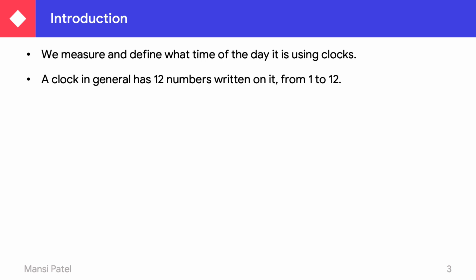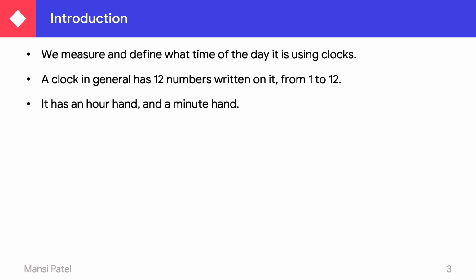A clock in general has 12 numbers on it from 1 to 12. As you know already, in the clock there are 12 numbers, and they start from 1: 1, 2, 3, 4, 5, 6, 7, 8, 9, 10, 11 and 12.